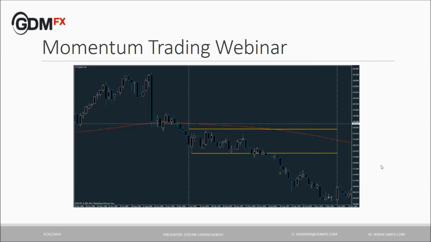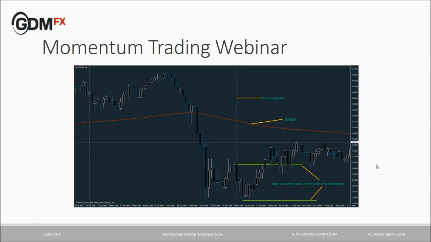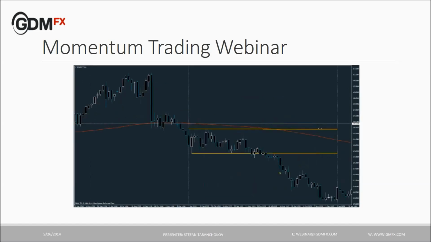Well, what you can do, in addition to pending orders, because looking at this chart, when the price is right here, you don't have a confirmation whether it's a true breakout, a real breakout, or whether it's a false one.